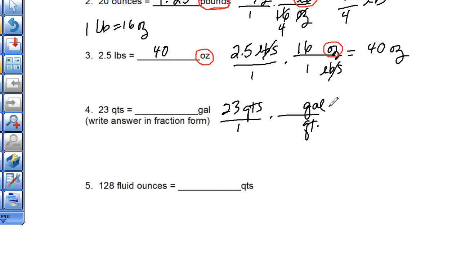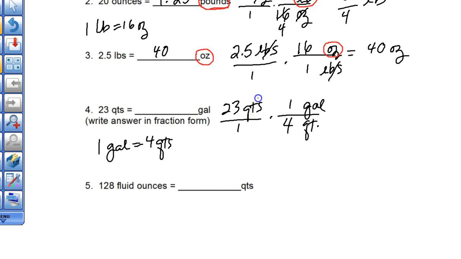Let's see, 1 gallon is 4 quarts. So 1 gallon equals 4 quarts. They make a conversion factor because they're equal to each other. They make the number 1. When I multiply something by 1, it doesn't change the number. It just changes the appearance of the number.